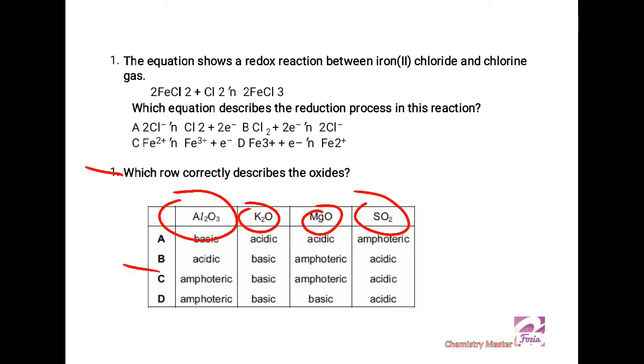So options C and D seem more sensible. What do you select, option C or D? Option C has potassium oxide as the basic one. MgO is not an amphoteric one, so option D is the correct one.